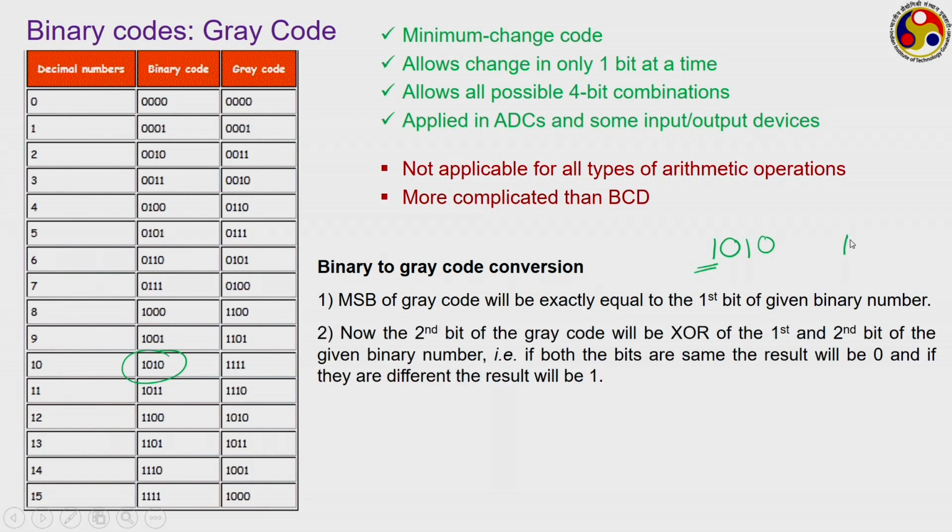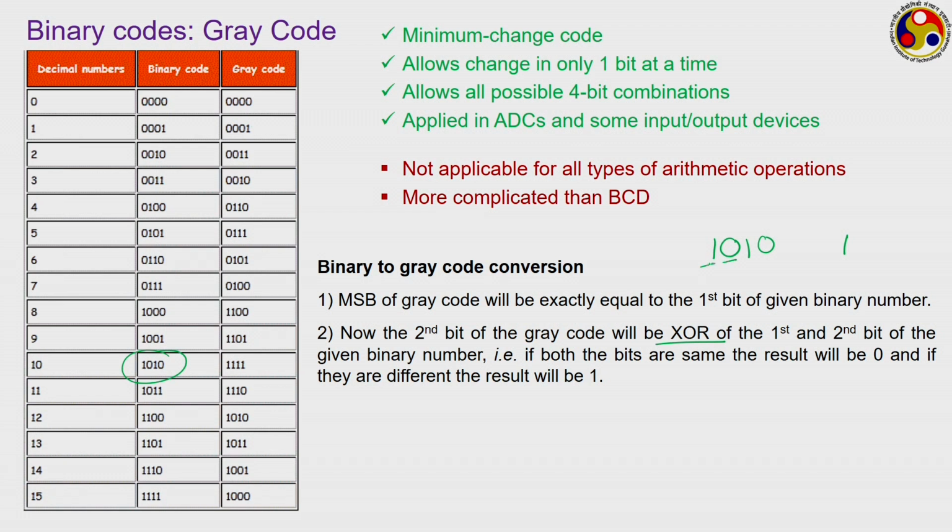Next principle, we have to compare the first and second bit of the binary and perform an XOR operation on them. The first and second bits are 1 and 0. If we perform an OR operation we get 1, but sorry, we are talking about an XOR operation. XOR means if both inputs are of the same kind, the output will be 0, and if both inputs are different, the output will be 1.